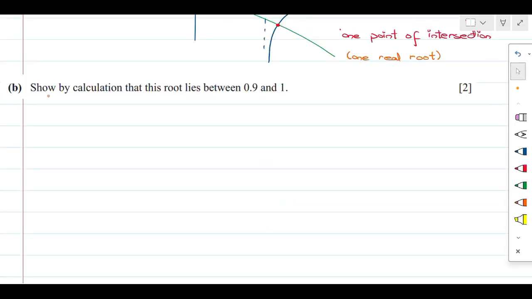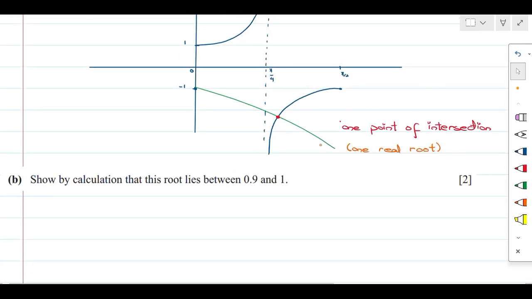Now for part B, show by calculation that this root lies between 0.9 and 1. We need to show that the x value lies between 0.9 and 1. So there must be a sign change. If you can see a sign change between the two values, then we can say a root must lie between them.